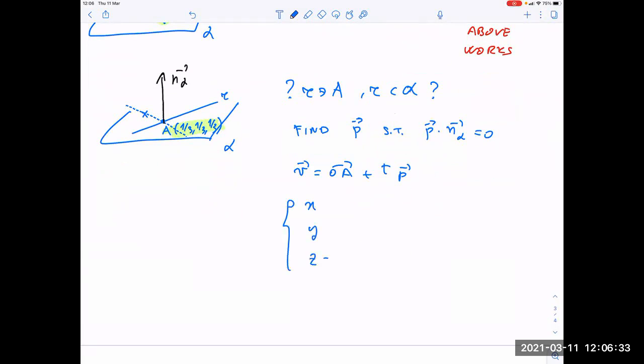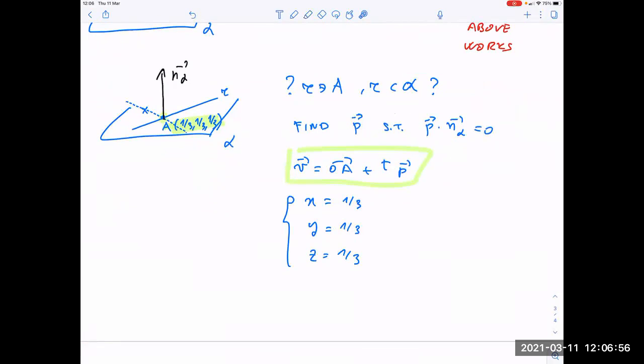X, Y, Z, right? Then there will be 1/3, 1/3, 1/3. This is the starting point. Imagine it like physics when you take t as time. This expression basically tells you that at time 0, you are in point A, and then you start moving on the line. So time 0, you are always in the point you start with.